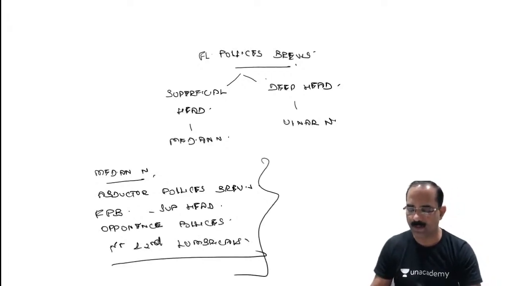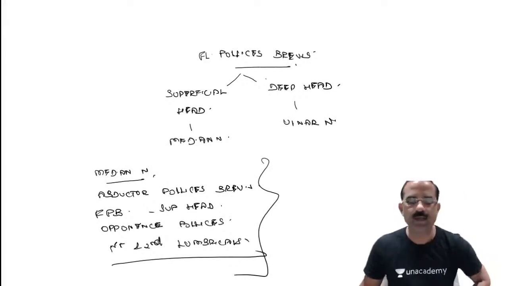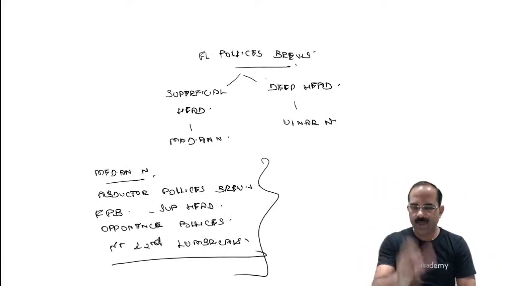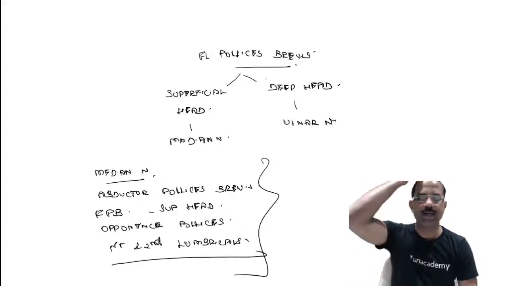These are the muscles supplied by median nerve in the hand. Abductor pollicis brevis, superficial head of flexor pollicis brevis.